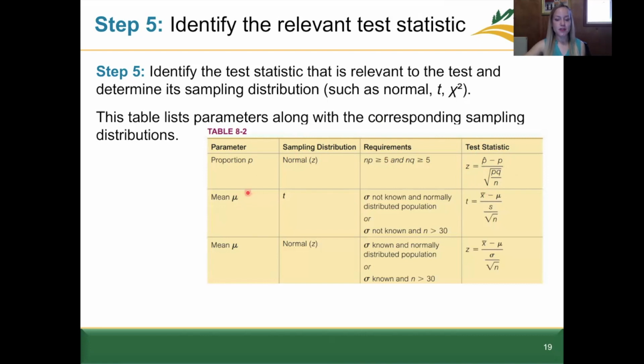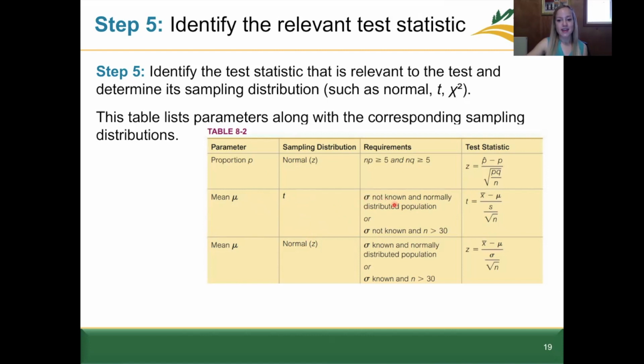For a population mean or mu value, we can have either a t sampling distribution or a normal distribution. How we decide which one we're working with, if we're looking at a population mean specifically, comes back to either knowing the population standard deviation, or sigma, or not knowing this sigma value. For a sampling t-distribution, it's when sigma is not known.